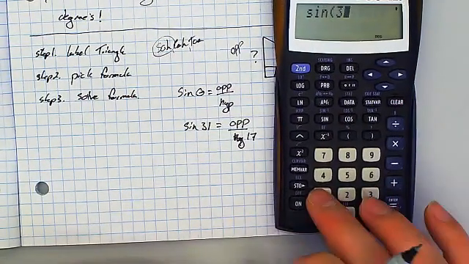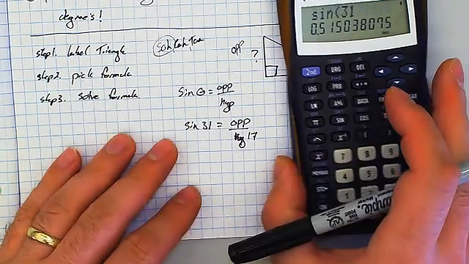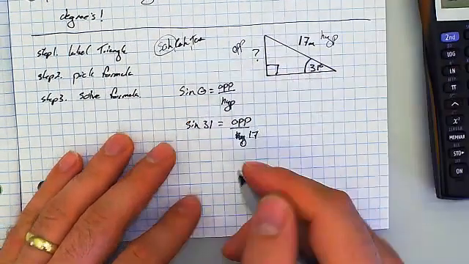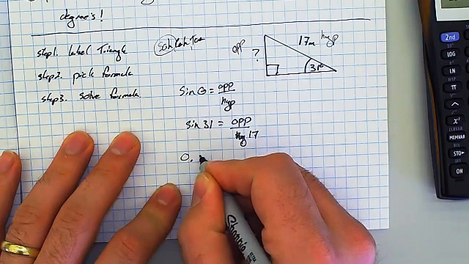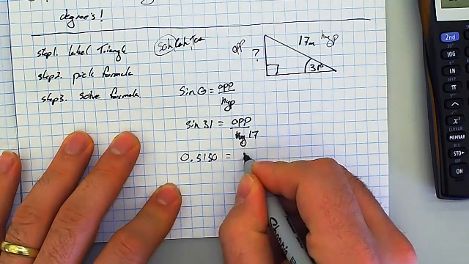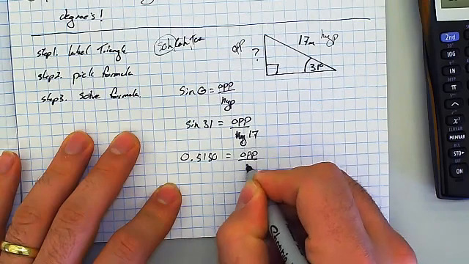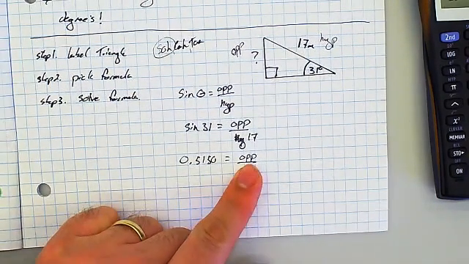I'm going to type in my calculator sine of 31. It's good to keep as many decimal places as you can, so I'm going to float it in my calculator, which keeps all of them, but just so we understand, sine of 31 is really 0.5150, which equals our opposite divided by 17.